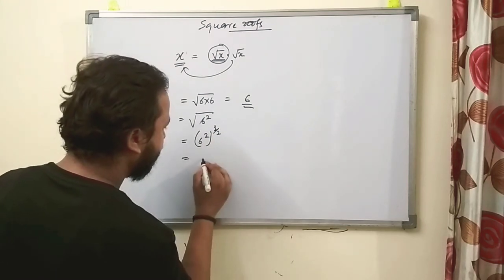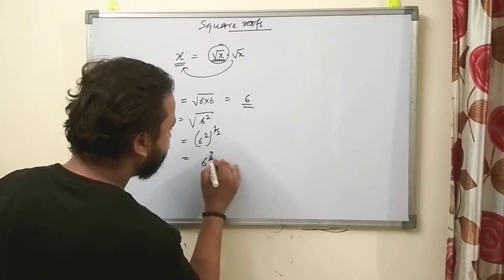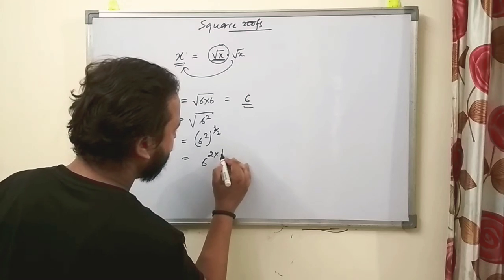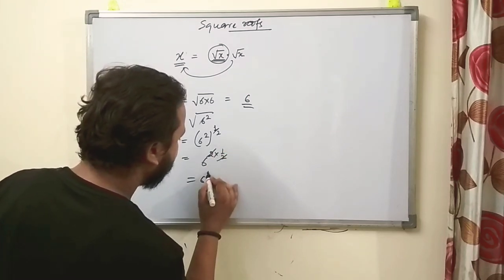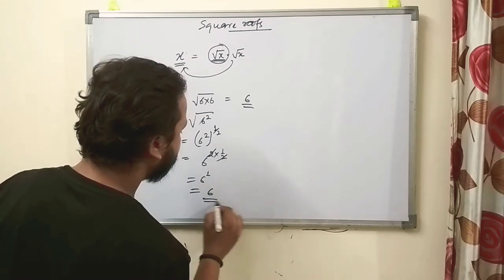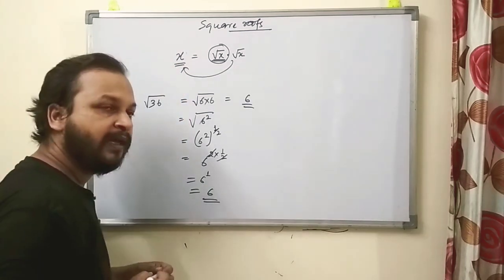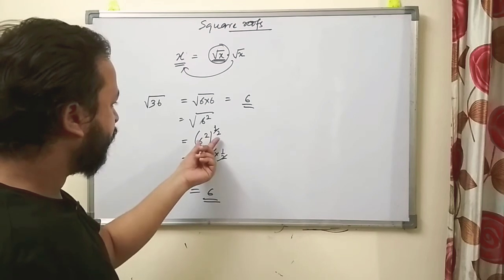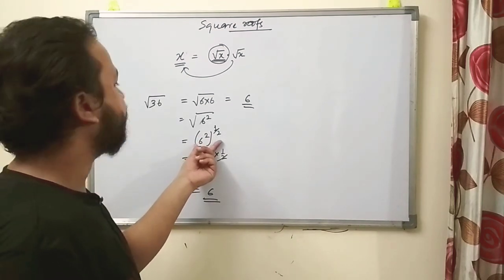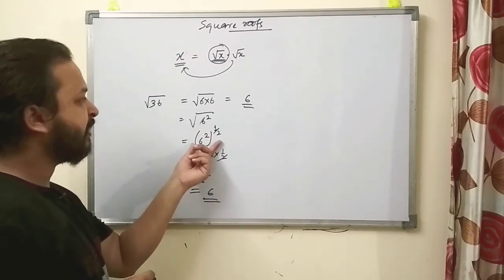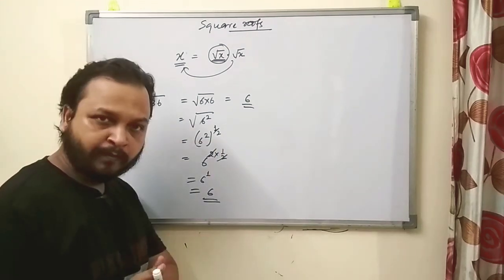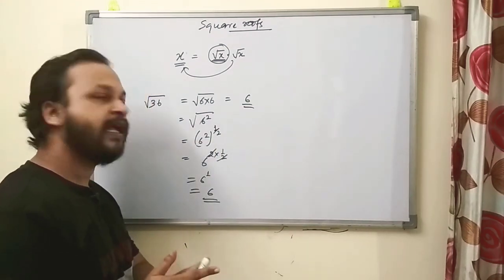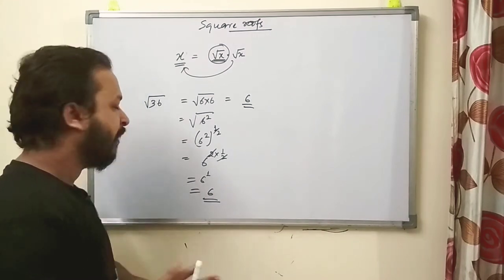So 6 to the power 2 multiplied by 1 by 2, the 2 and 2 cancel, and we are left with 6 power 1, which equals 6. We studied how to solve these powers in the exponent chapter, so if you face any problem, just go through the exponent chapter.